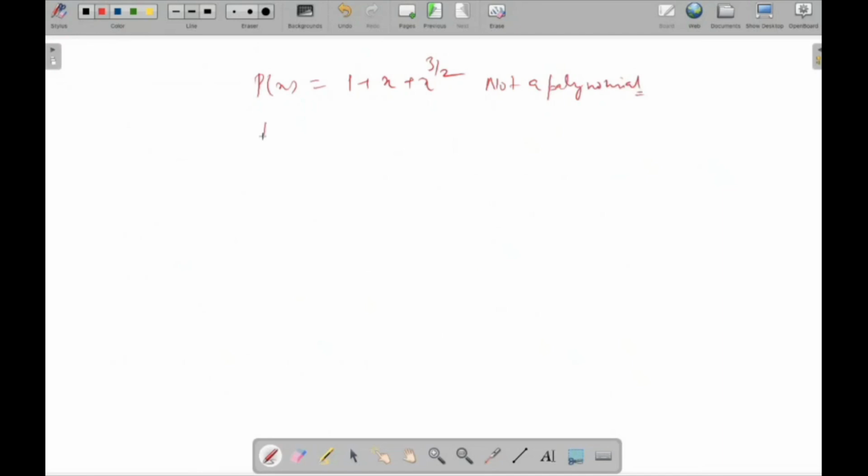Similarly, if p(x) is something like 1 upon x plus 3, it's also not a polynomial, because it is nothing but x plus 3 to the power minus 1.